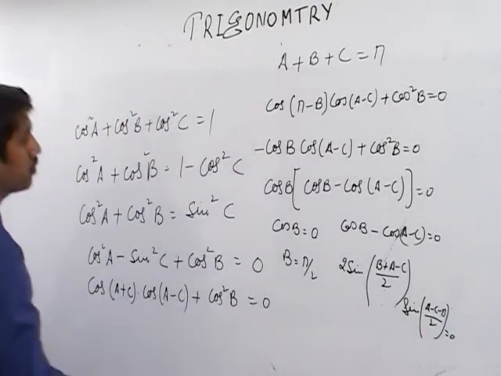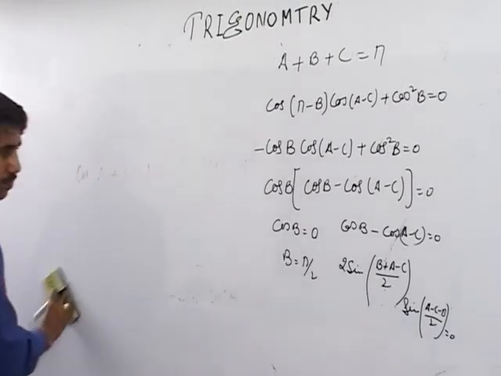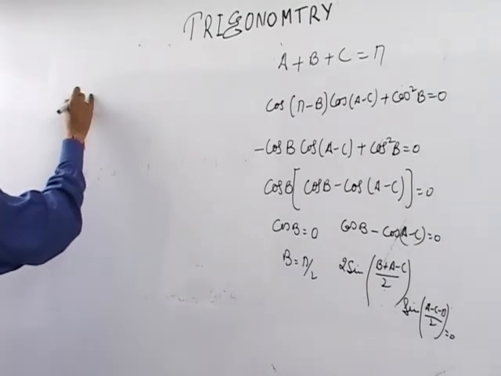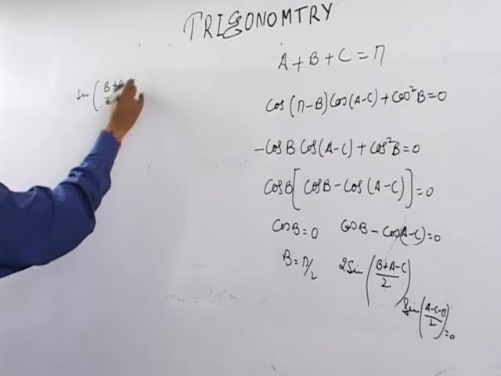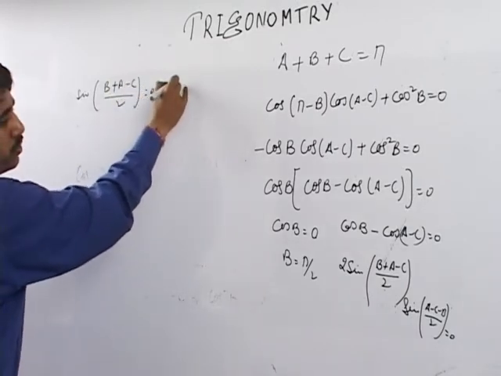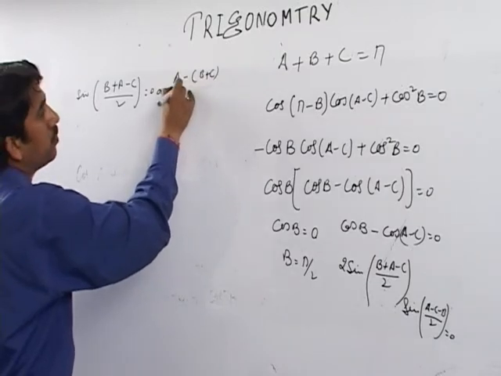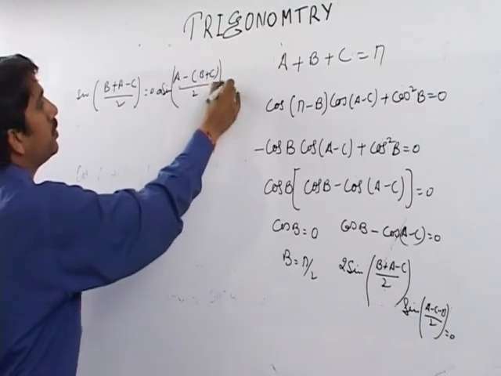From this, you have either sine of B plus A minus C by 2 is equal to 0 or sine of A minus B plus C by 2 is equal to 0.